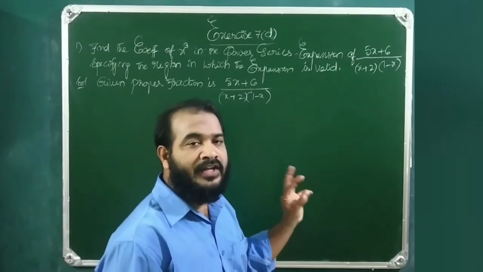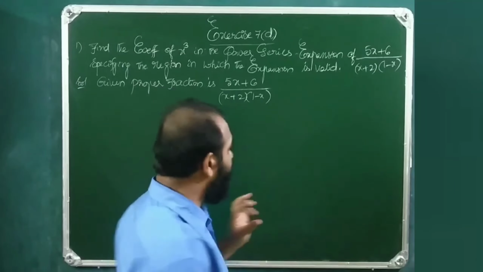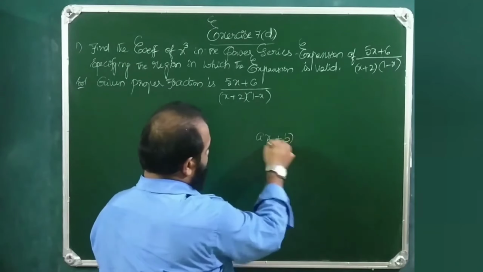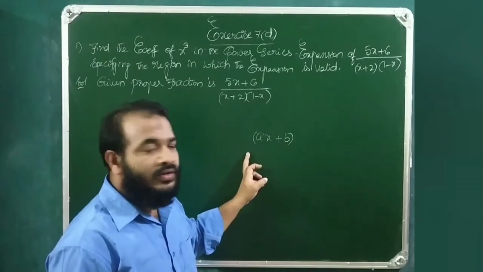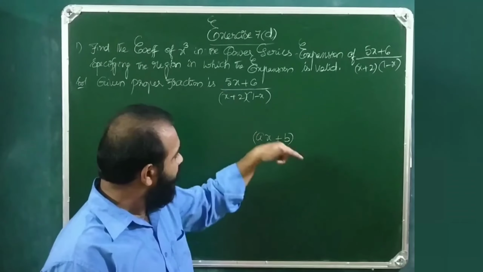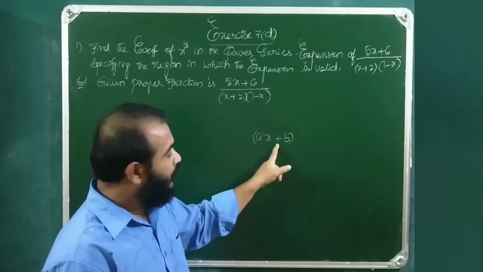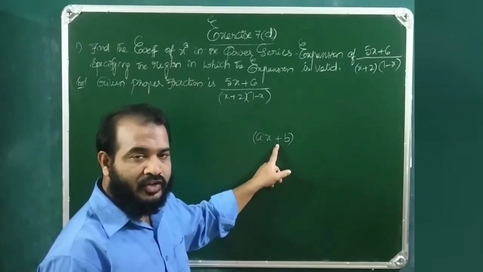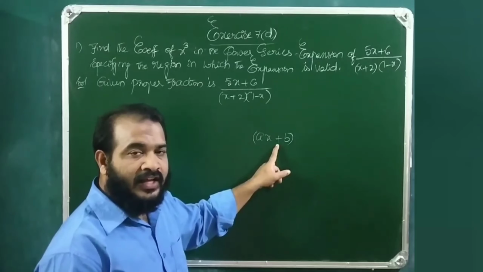For every non-repeated linear factor ax + b of the denominator g(x), there will be a partial fraction of the form A / (ax + b). Here x + 2 is a linear factor because it can be written as 1x + 2, where a = 1 and b = 2.